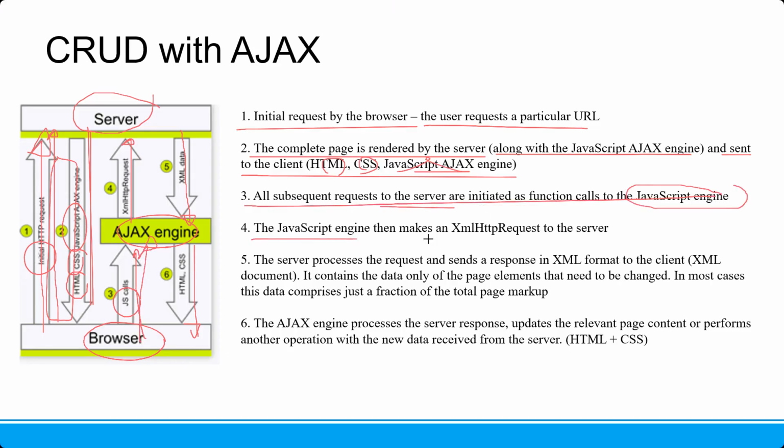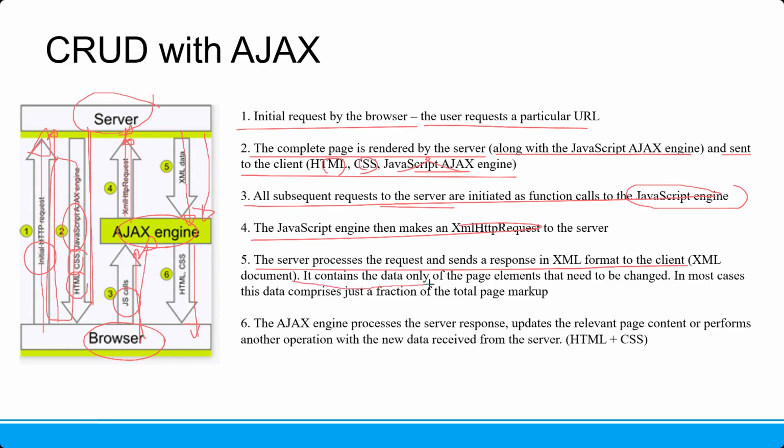The JavaScript engine then makes an XMLHttpRequest to the server. The server processes the request and sends a response in XML format to the client.